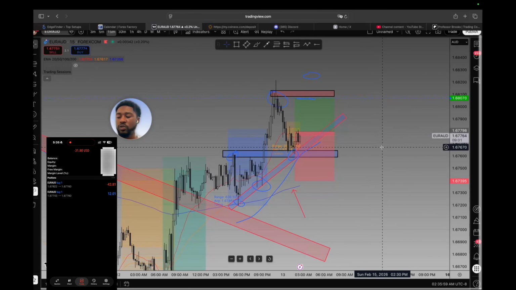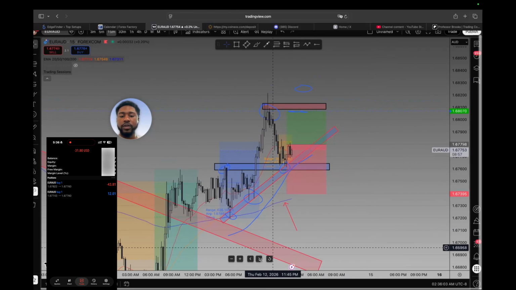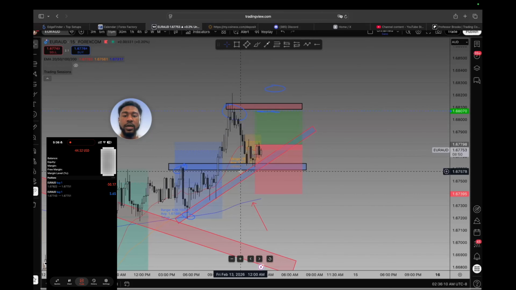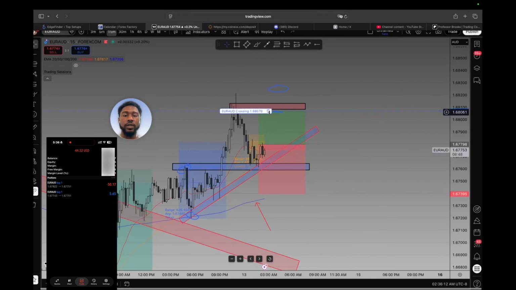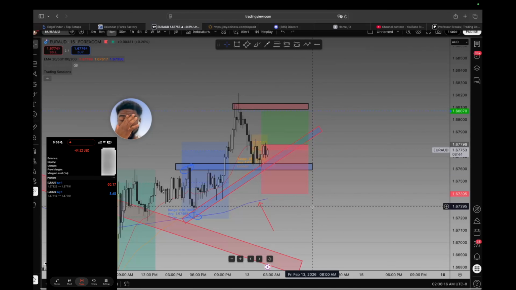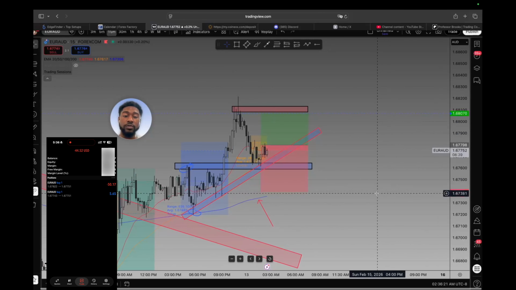Yeah, so I have 2 lots on this trade. So my risk management on this trade is pretty unique because I usually don't talk about this on my channel, but I am hedging on this trade. But I don't want to get too deep into hedging because it can get complicated for people, especially if they're new.